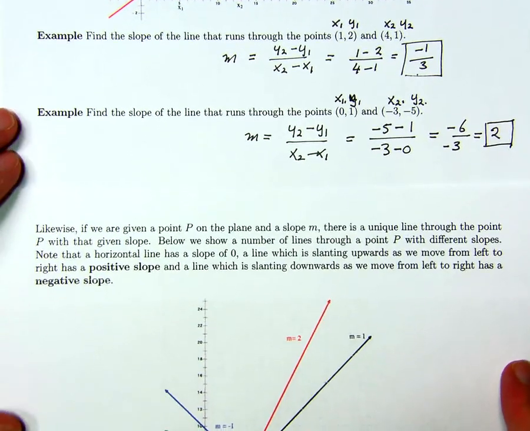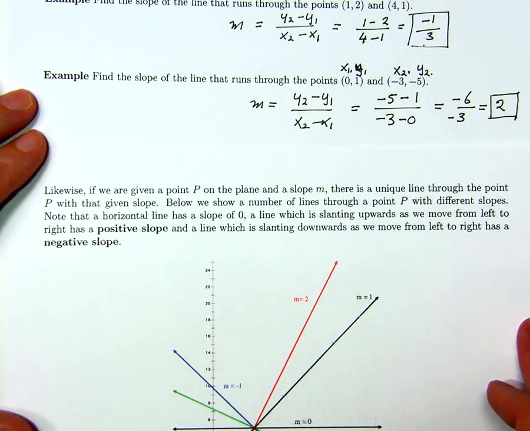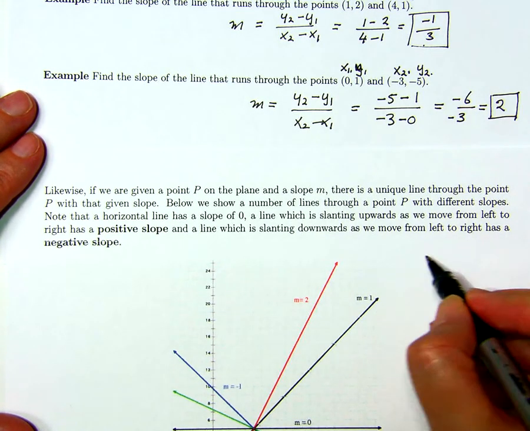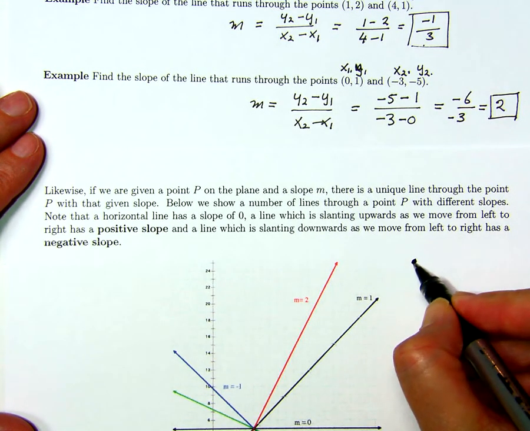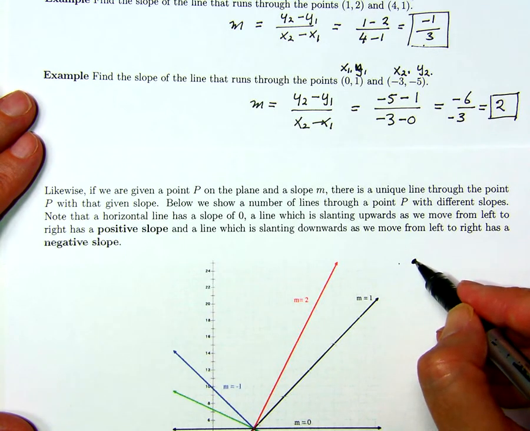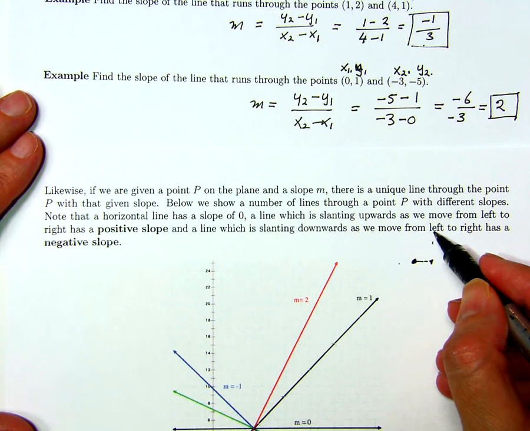There's another way to construct a line. If you're given a point and a slope, then there's a unique line passing through the point with that particular slope. So if I take a point on the plane and I'm looking for a line that passes through this with, say, slope 2, then I should have a unit of measurement, and for every 1 unit across, this line is going to increase vertically by 2 units.